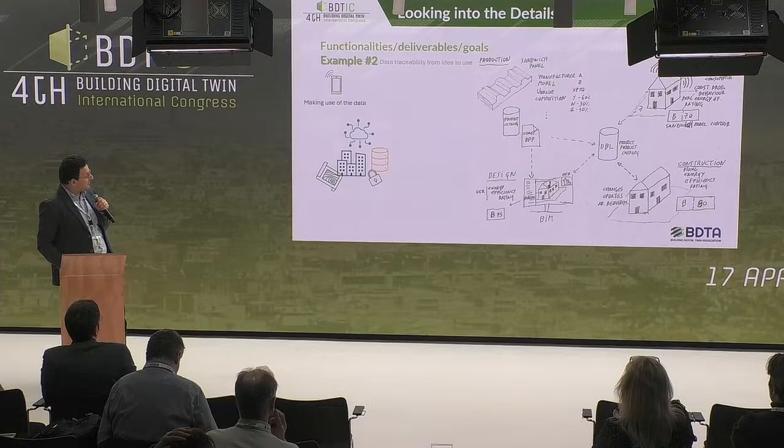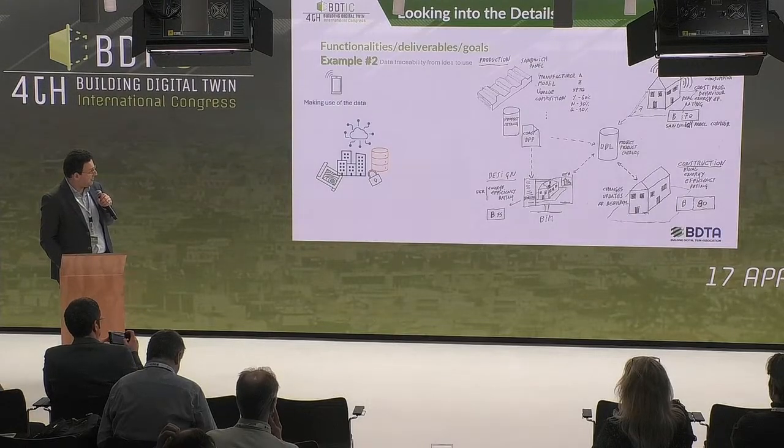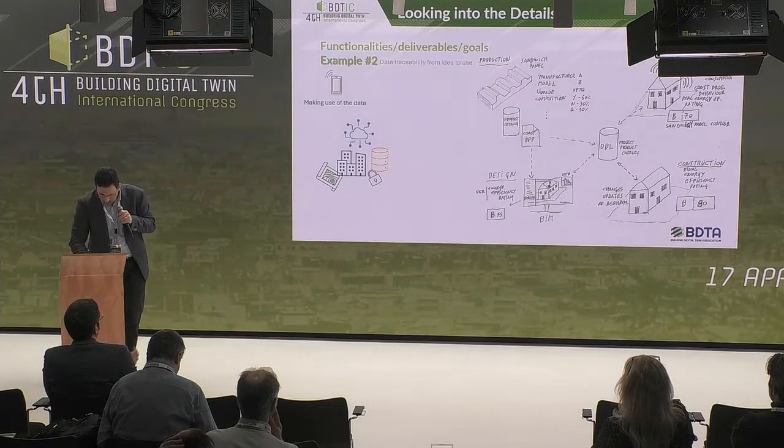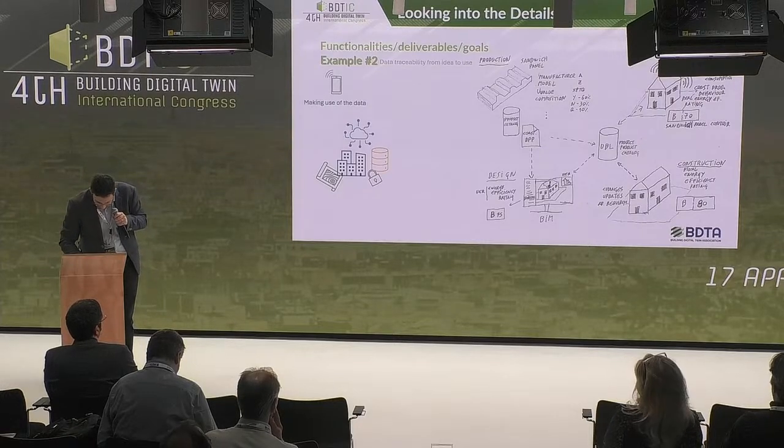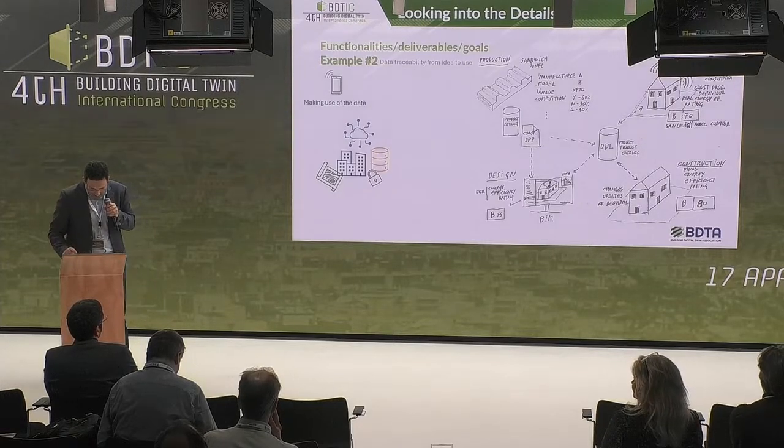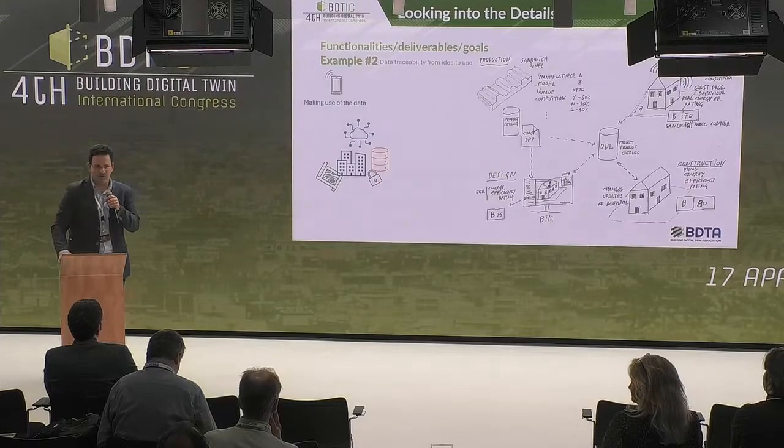Another example is energy efficiency. And I cannot recall who talked about energy efficiency, but I have some notes here. Paris, I think Paris Folkheitz was talking about energy efficiency. So we have a sandwich panel that we needed to do the calculation of the energy performance certificate.